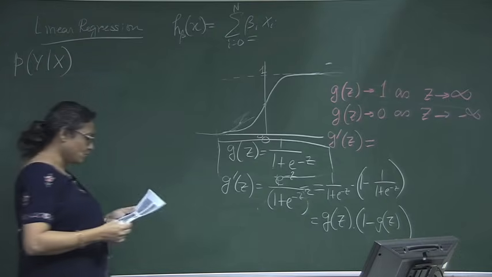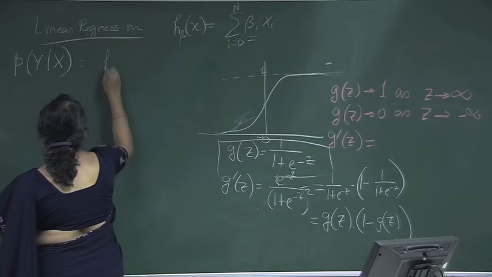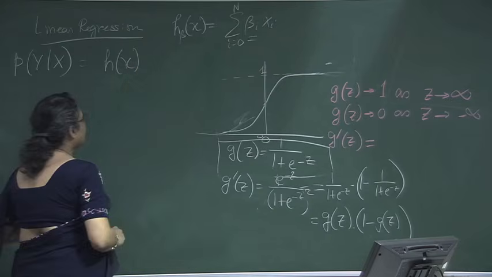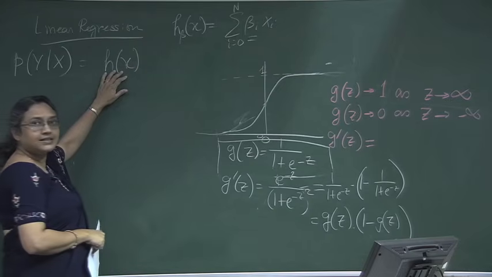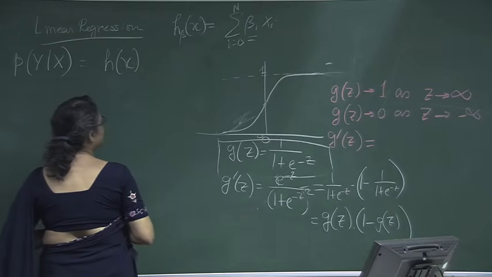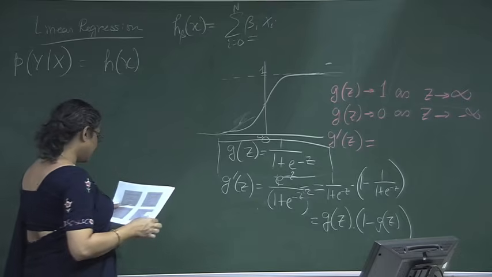If y equal to 1, we can write this as h(x). So, if y equal to 1, h(x) is that probability, and if y equal to 0, the probability is 1 minus h(x).